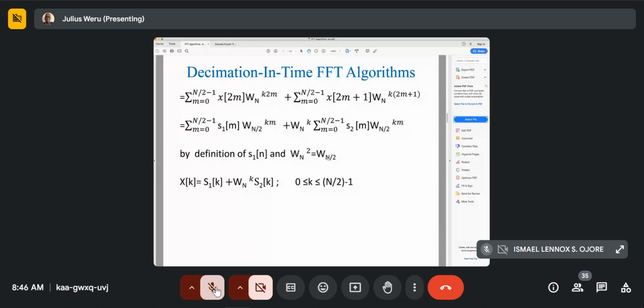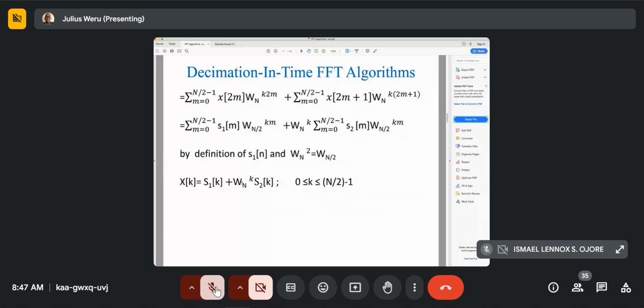We are saying this is equal to this, and therefore, by definition of S1n, it means this is actually S sub 1k, and Wn to the power of k S sub 2k for k from 0 to n over 2 minus 1, because now these are shorter sequences. Yeah, 0 to n over 2 minus 1.